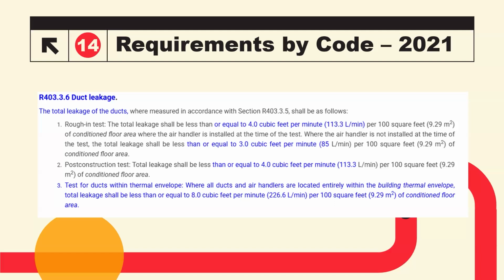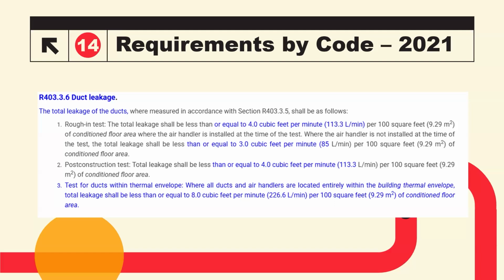Not surprisingly, all 24 homes tested had a higher leakage rate than what was allowed by the 2018 on the ones that were exempt from being tested. So it was much higher than 4 CFM per 100 square feet. And then of those homes in the study, the others that they tested that were required to be tested actually had half the leakage rate of the ones that were exempt from testing.